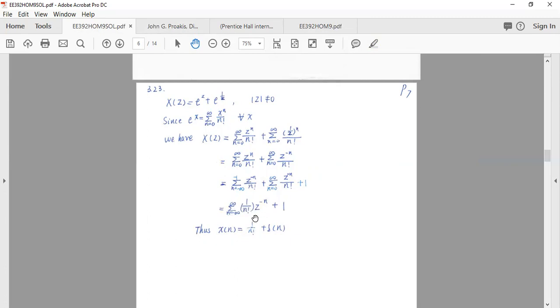And the inverse Z transform of the other part, remember, is in terms of the Z transform definition. So this particular signal over here, 1 upon n factorial, is just our x of n. So x of n in that case is 1 upon n factorial, right? So this is what we get for the inverse Z transform of this particular signal.